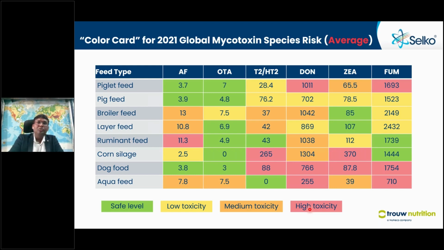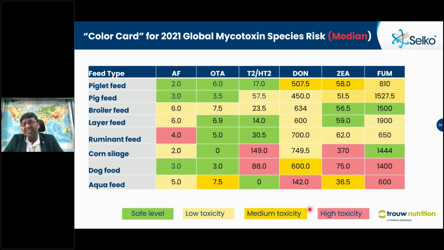The moment you go to the median, it changes. You see more greens when you use the median. So overestimation can also be a problem. Sometimes the customer has to manage with the raw materials they have. So I strongly believe median is the way to go, so that they have more space to maneuver with what they can manage.